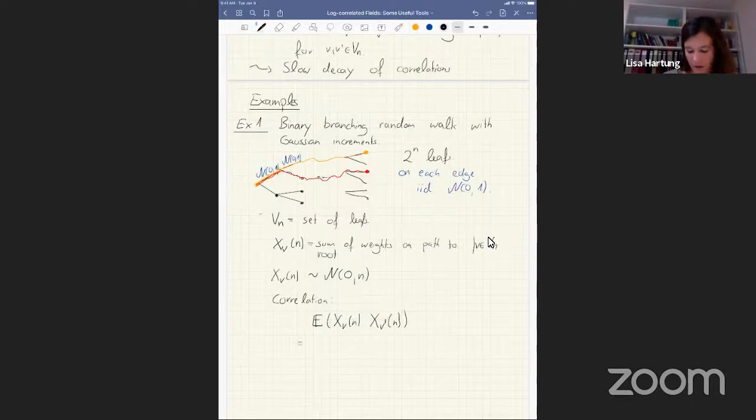So this is given by the number of edges that the path from v to the root and the path from v prime to the root share.